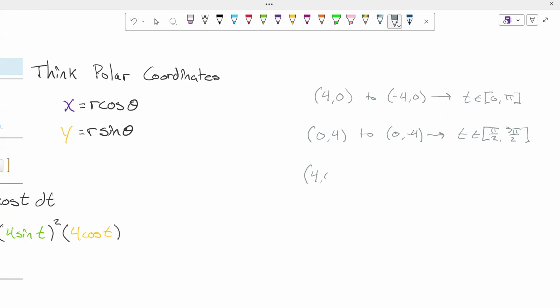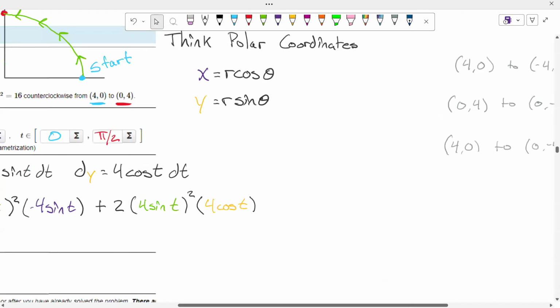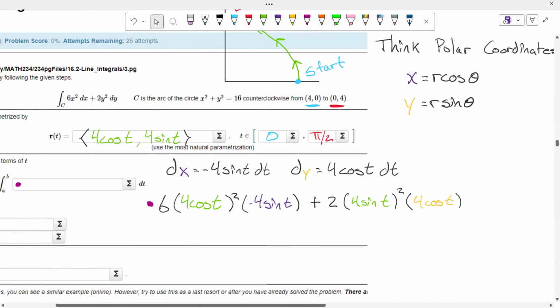And just to round it all the way out, how about (4, 0) to (0, -4)? That'll be t in the interval 0 to 3 pi over 2. I'm just looking at the angles that get me to each of those points based on polar coordinates.